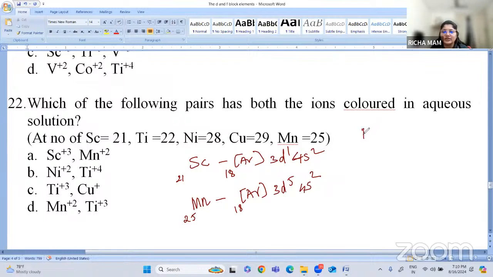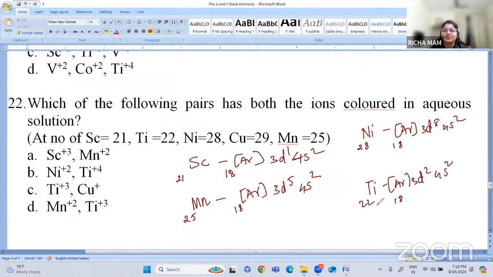Now here you have nickel 28, argon 18, 3d8 and 4s2. Then you have titanium. Titanium is 22, so you have argon 18, 3d2 and 4s2. Titanium plus 3 or titanium plus 4 is also there. Here also I'll write. Then copper is 29, so it is argon 18, 3d10 and 4s1.